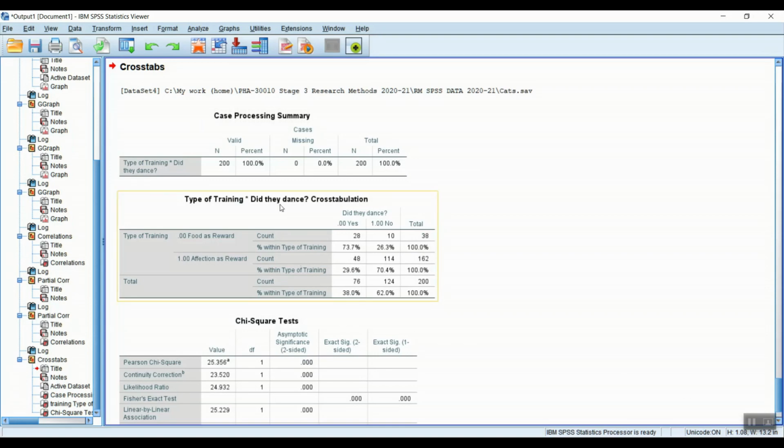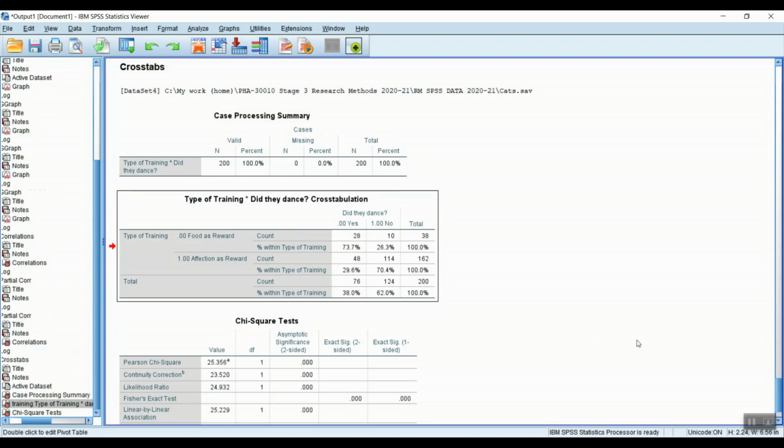Okay, what we get is this table here to begin with. Let's just have a look at this table. What this table shows us is the type of training. So we can see food as a reward, affection as a reward. We can see they have values of 0 and 1, but they're just labels. There's no progression from 0 to 1.